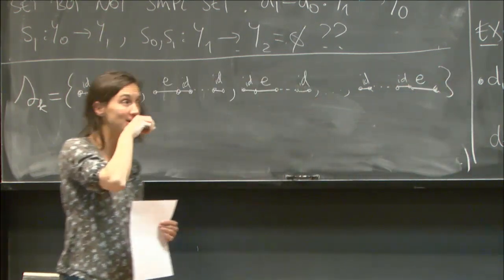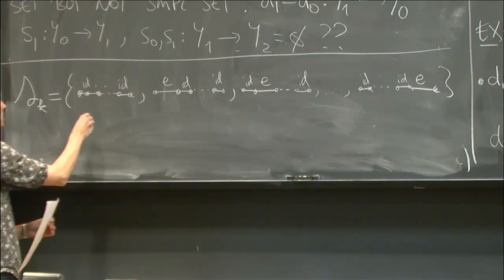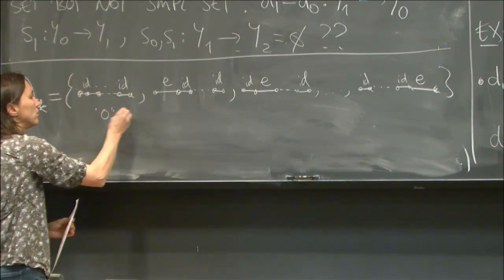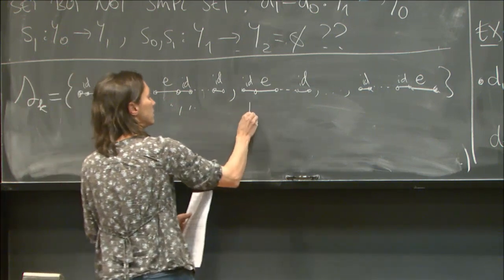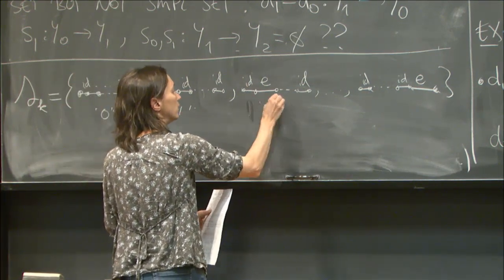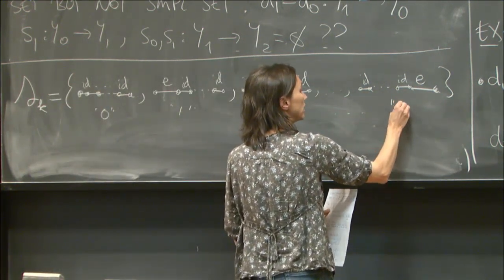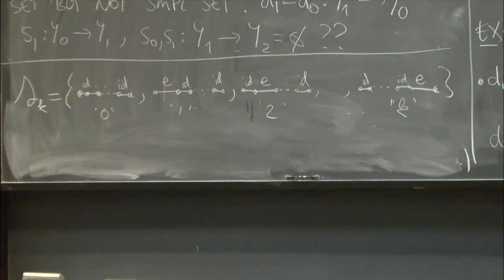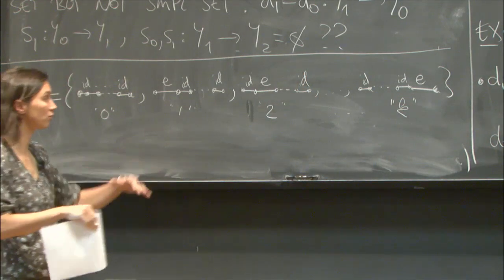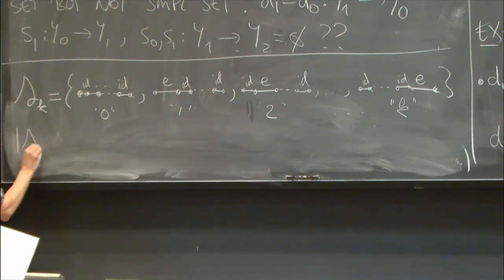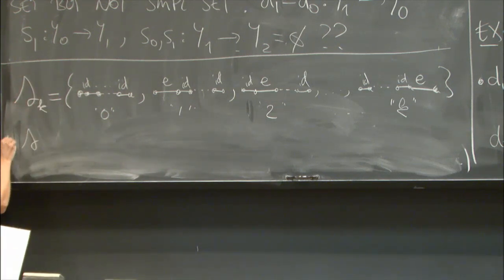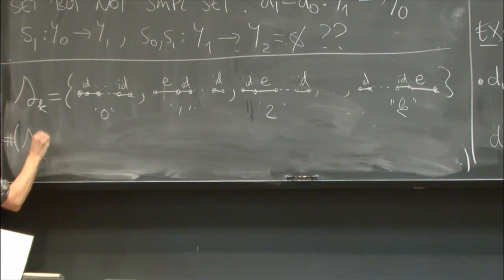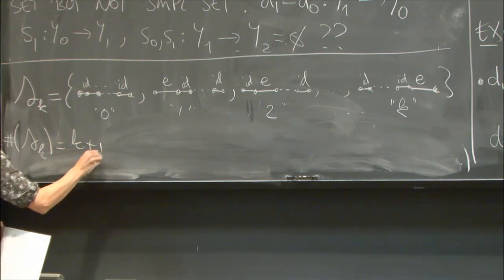Okay, so that's my general guy. And we can think of them as, this is 0, this is 1, this is 2, up to K, right? So there are K plus 1, so the cardinality of SK is K plus 1.